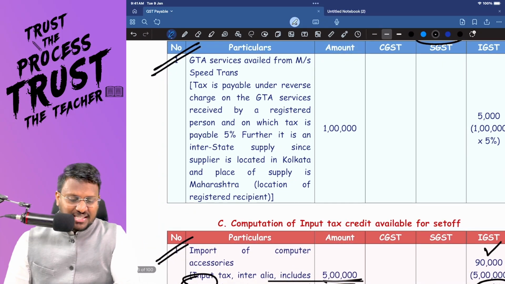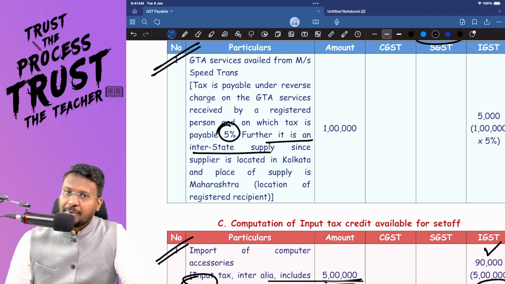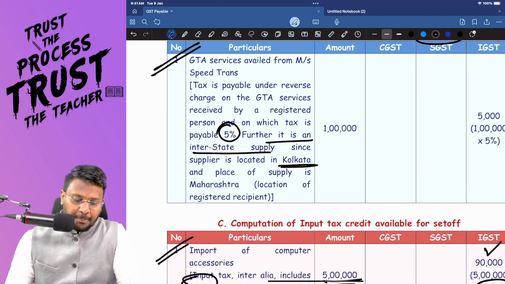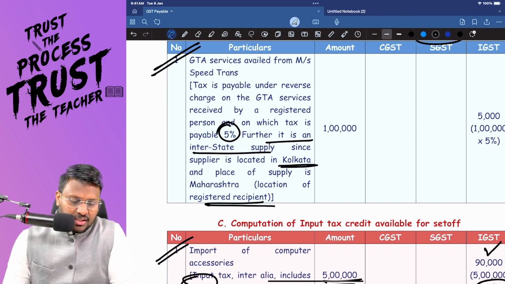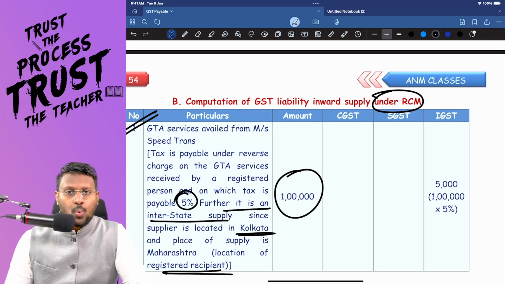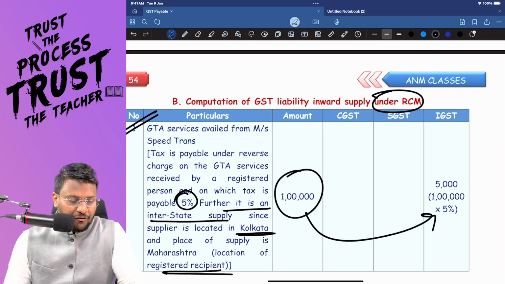And tax is payable at 5%. Further, it's an inter-state supply, since the supplier is located in Kolkata and the place of supply is Maharashtra, which is the location of the registered recipient. So how much is the freight? 1 lakh. For this 1 lakh, we are supposed to pay IGST at 5% under what mechanism?